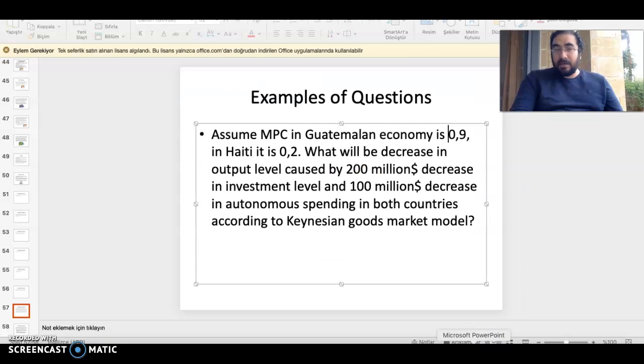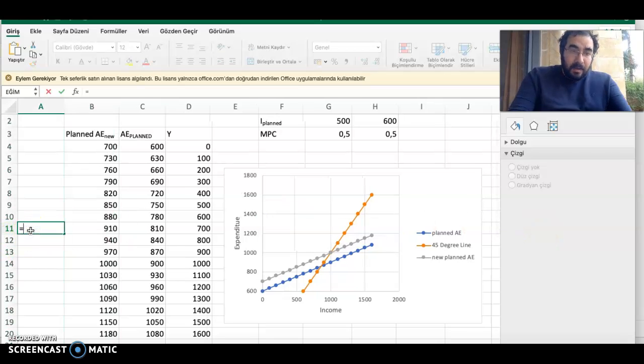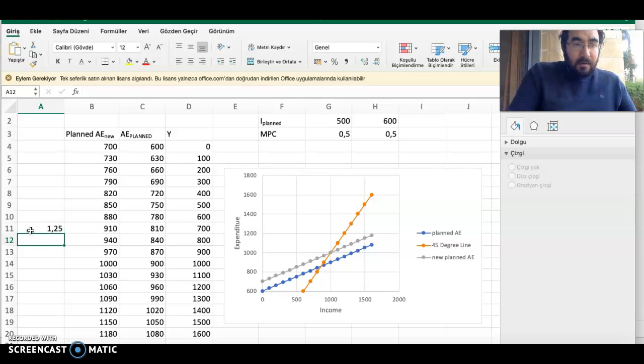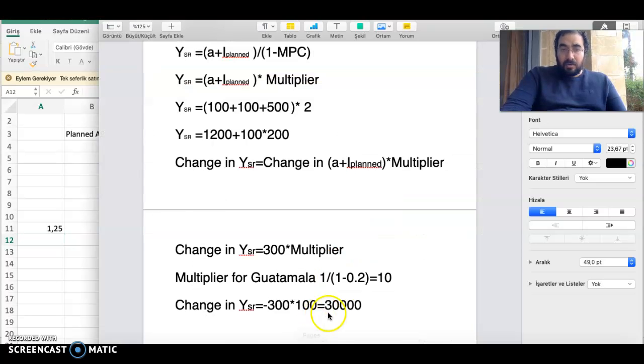What is 1 over 0.8? Let's use Excel for solving that. 1 divided by 0.8, 1.25. So basically, our multiplier won't be any more 10, but 1.25.